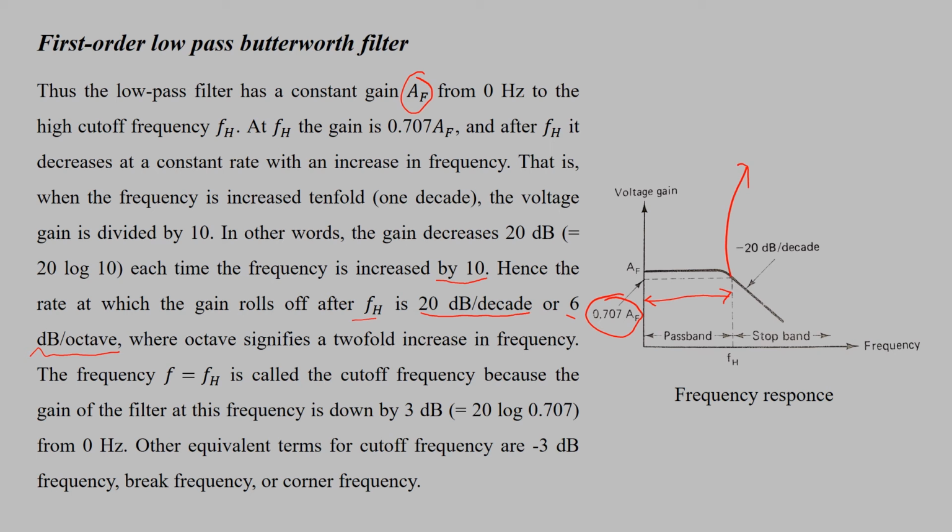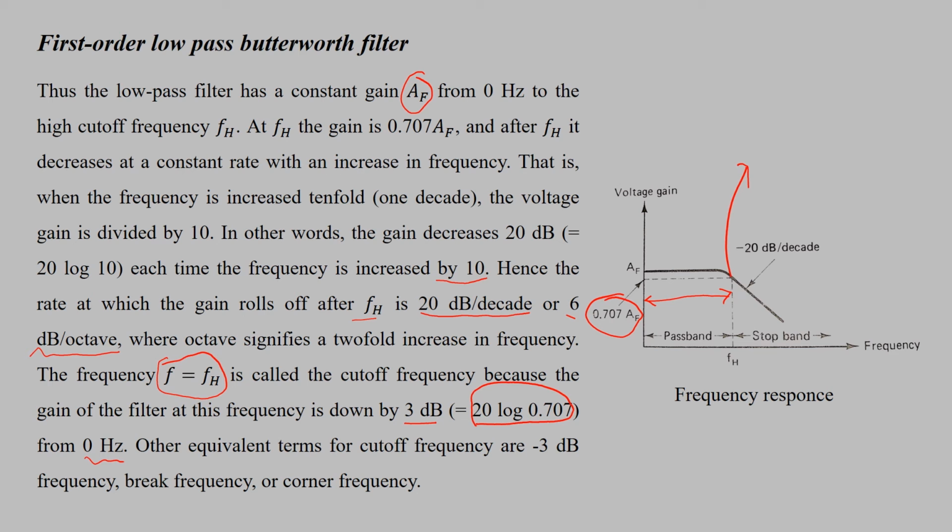The frequency F equal to FH is also called the cutoff or breakaway frequency because the gain of the filter at this frequency is 3 dB down, or we can say 20 log 0.707 on log scale. This becomes 3 dB from that at 0 Hertz.